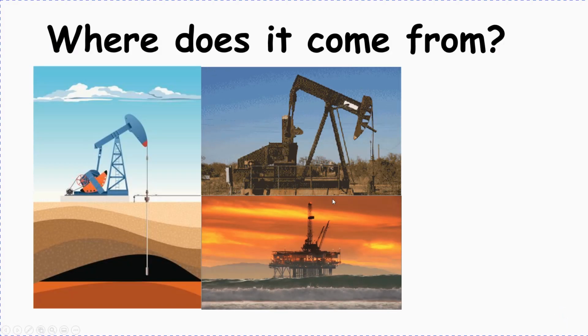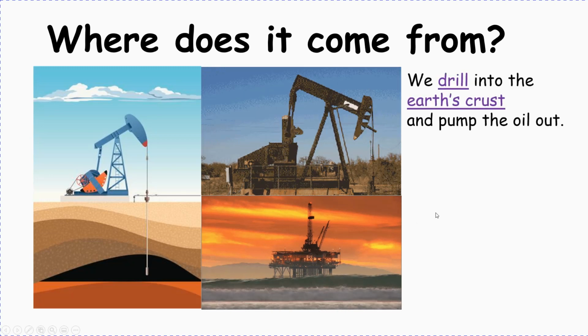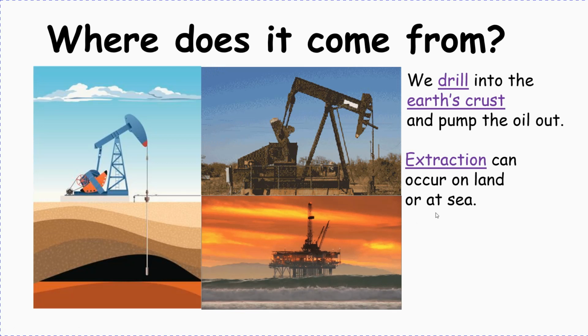Okay, so just in terms of where it comes from, it's found under the ground, okay, so we've got lots of oil rigs around the North Sea, around the north of Scotland, that will extract it from under the ground, under the seabed, okay, but these other two, the one that's turning round there, that is actually extracting oil from land.